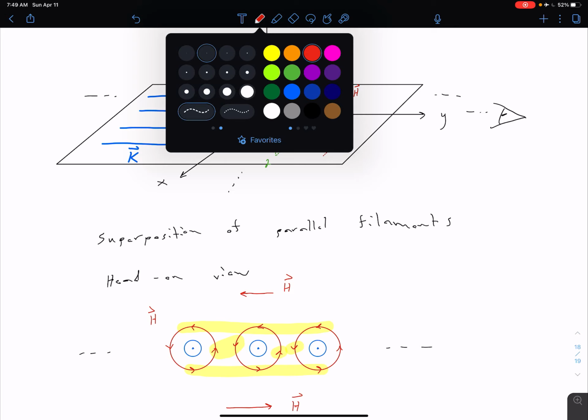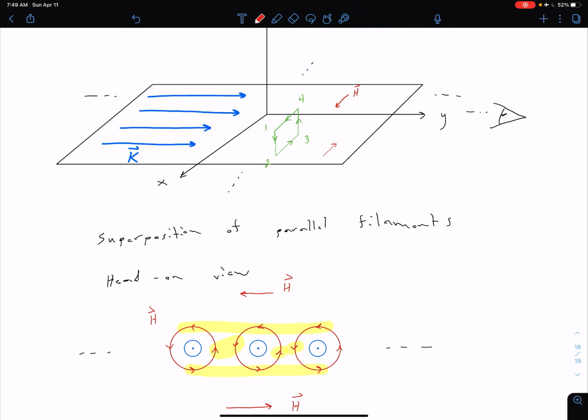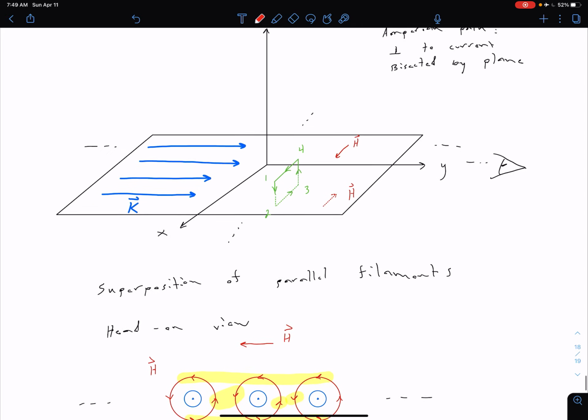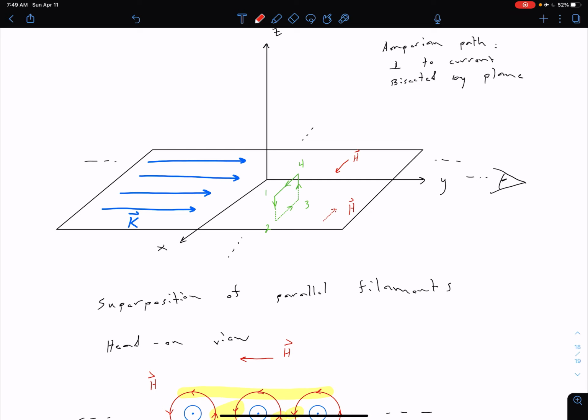So this is our H below the plane. We're not going to have any H in our Z direction, so it's only going to be in our X direction in this case. And so that means our integral along the path between 1 and 2 and 3 and 4 is going to be 0 because our integrand is 0.